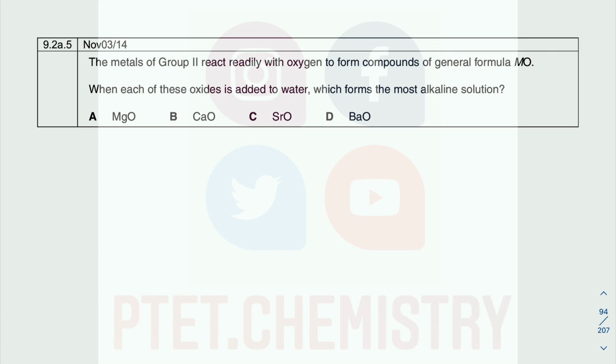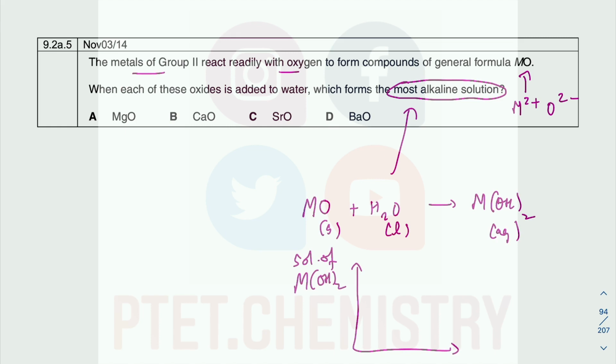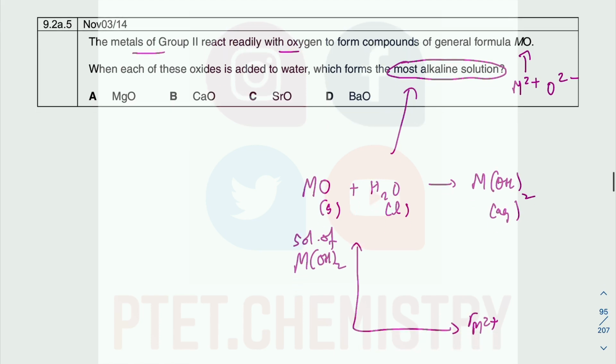So now you react the metals with oxygen and you get the oxide, because M2+ and O2-, the most alkaline solution. When you think about it, group 2 oxide, MO, plus H2O liquid will give you M(OH)2. That will be the equation balanced straight away, aqueous. But this question is actually asking you the solubility of the group 2 hydroxides down the group. In AS, you are only expected to state the trend.